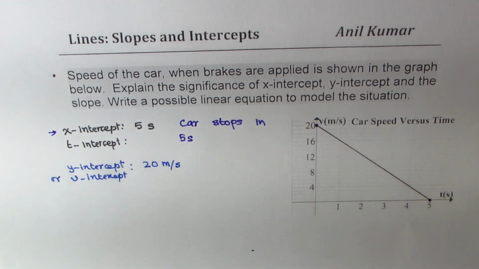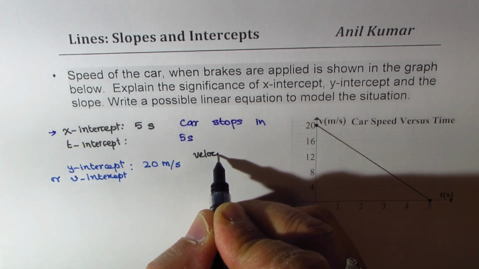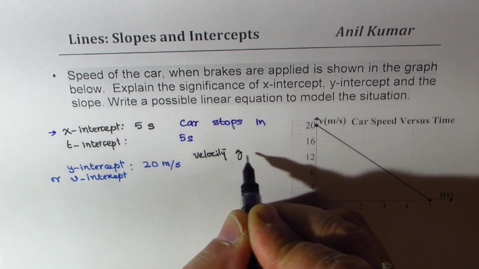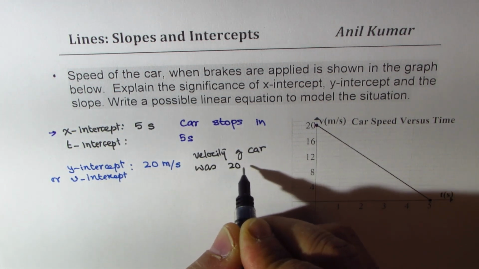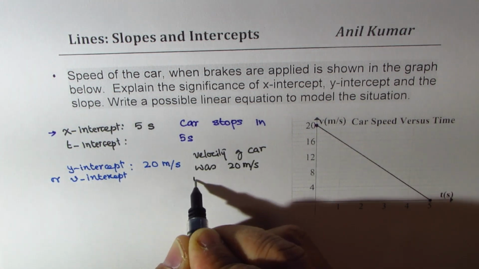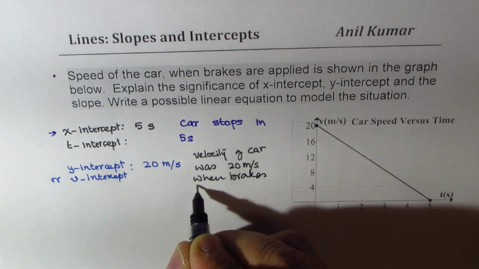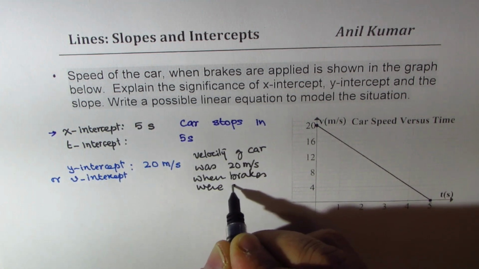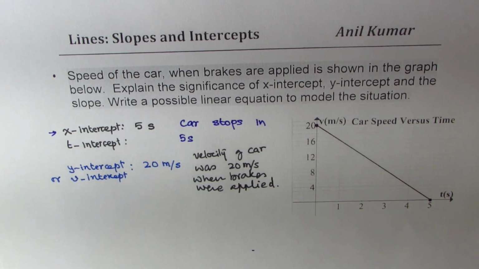It really means that the velocity of the car was 20 meters per second when brakes were applied. Right? So that is the interpretation which you can give with the x and y intercepts.